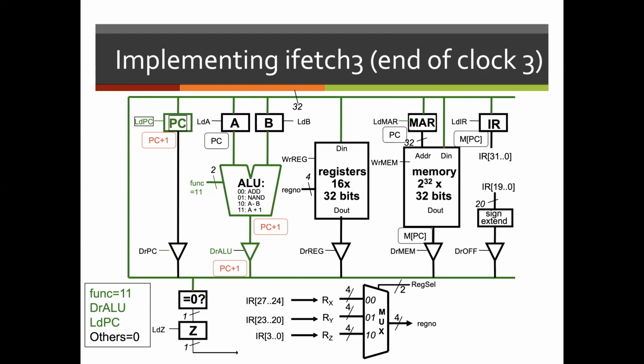And we want to transfer the contents of the ALU onto the bus. And then we want to tell the ALU to calculate the PC plus 1. Then our appropriate value can be stored in the program counter as well.